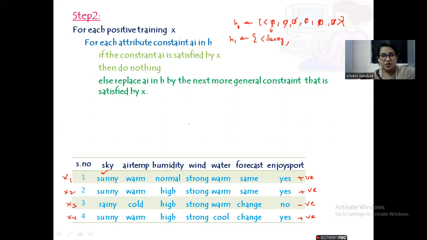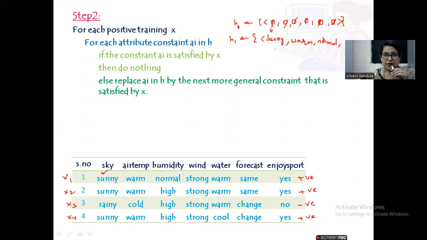Similarly, the next value is warm, and in the initial hypothesis I have a 5, which is not matching, so I replace this 5 with warm. Similarly, the next value, normal: the third 5 is replaced with normal.